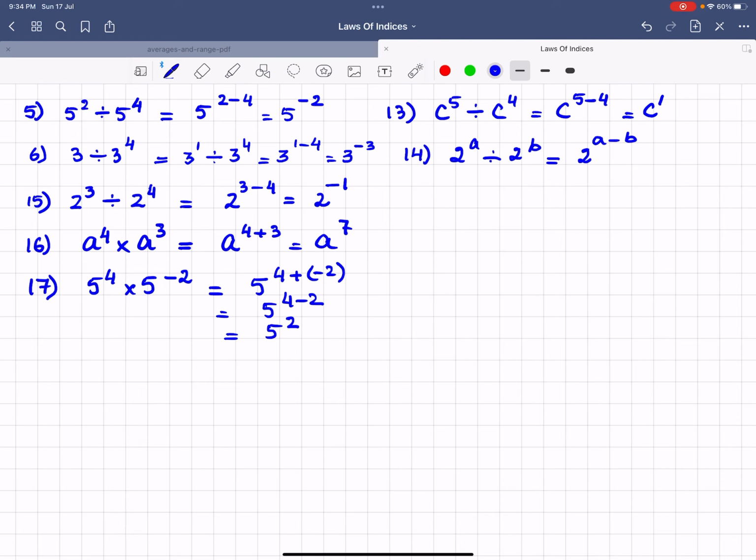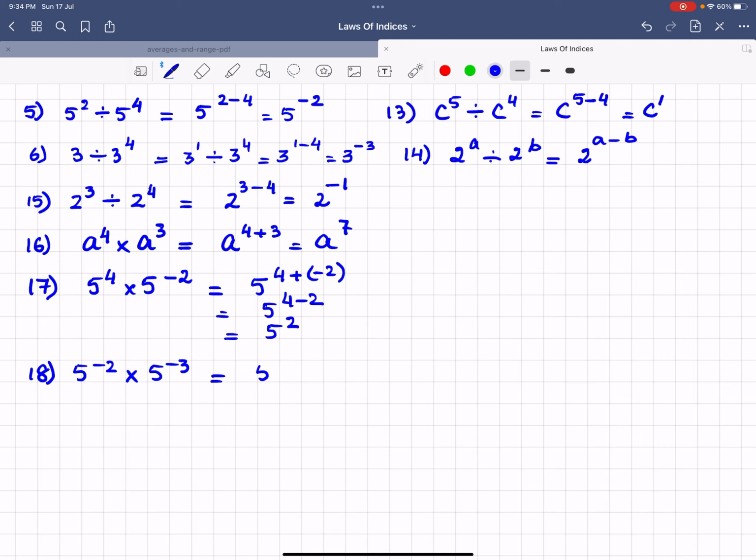Now, more in this category, we have questions like question number 18. 5 to the power of negative 2 multiplied by 5 to the power of negative 3. So now, again here the bases are the same, therefore the powers will be added.